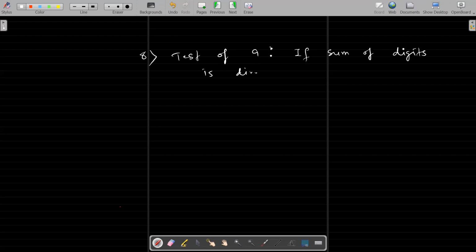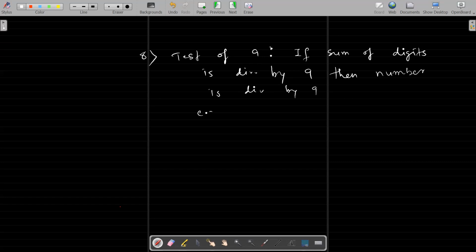It's just like the test for 3. When you learn congruence, you will know why the test of 9 and test of 3 are essentially the same.